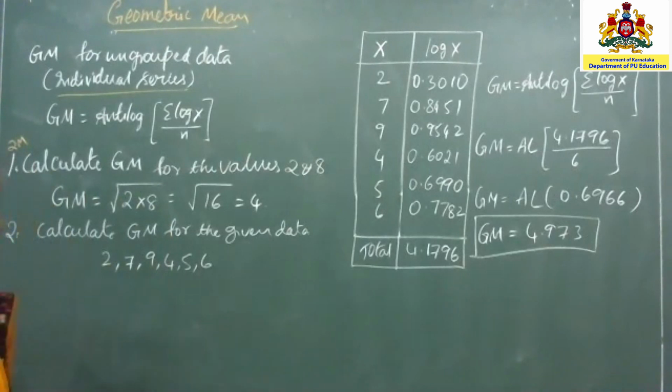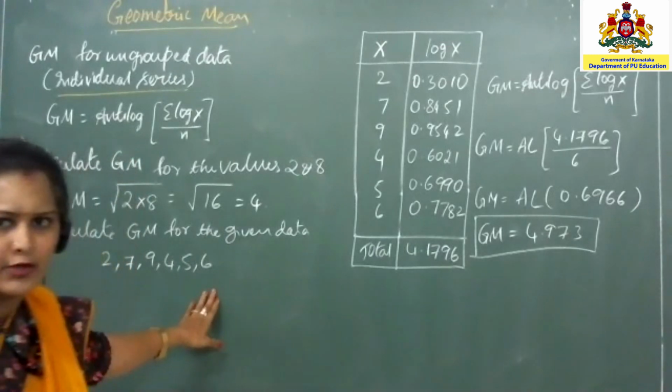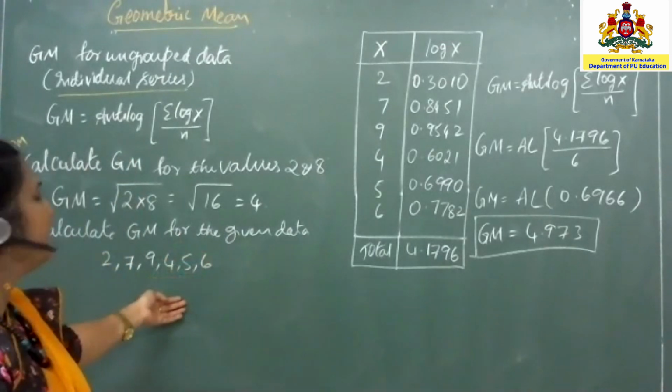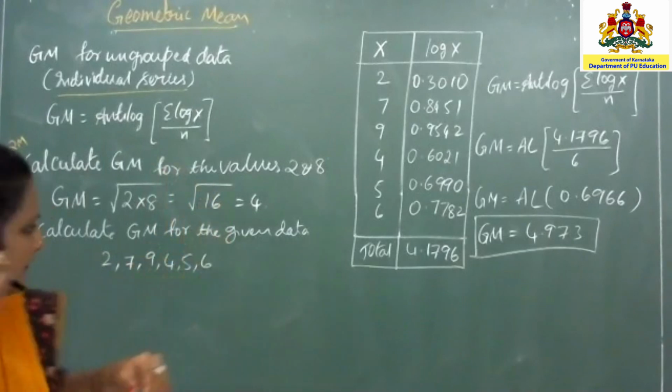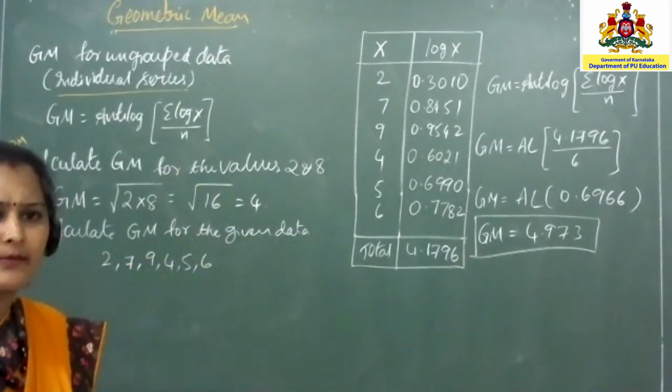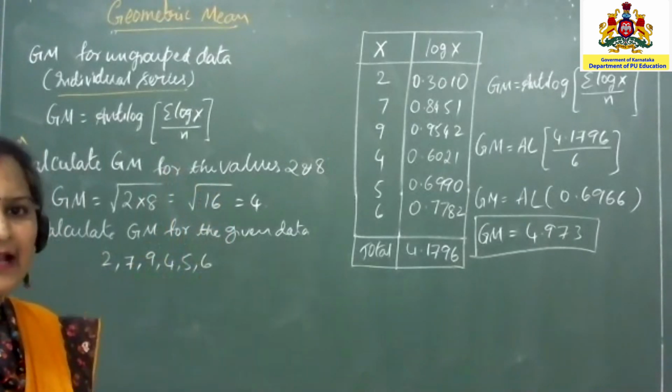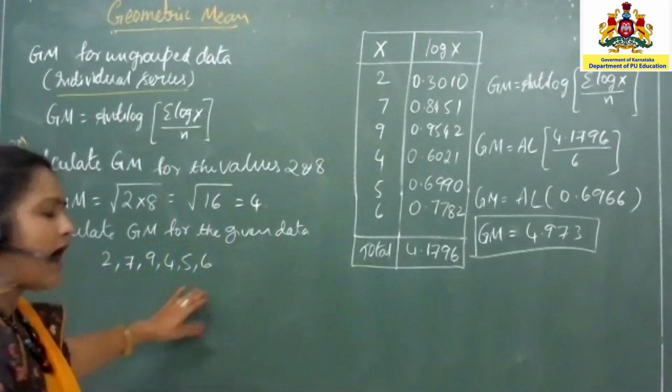Next, calculate the geometric mean for the following data: 2, 7, 9, 4, 5, 6. This is the data given, and you need to find the geometric mean. How to find this?